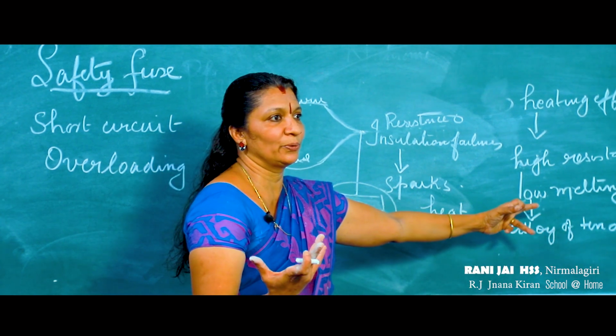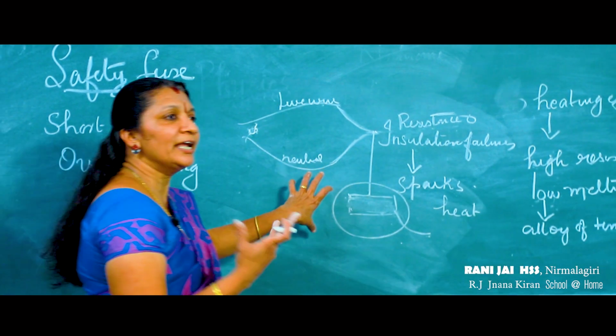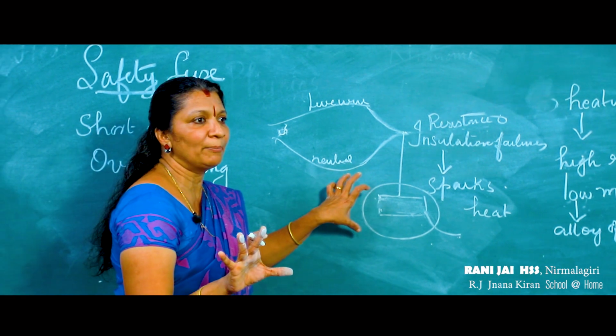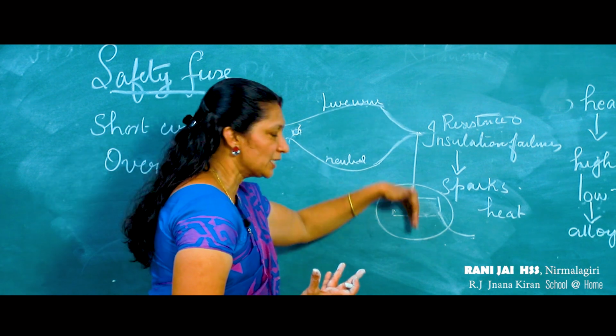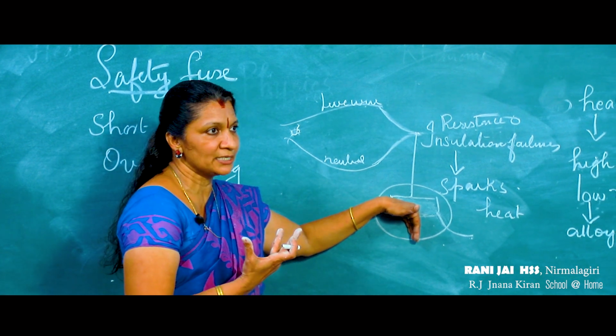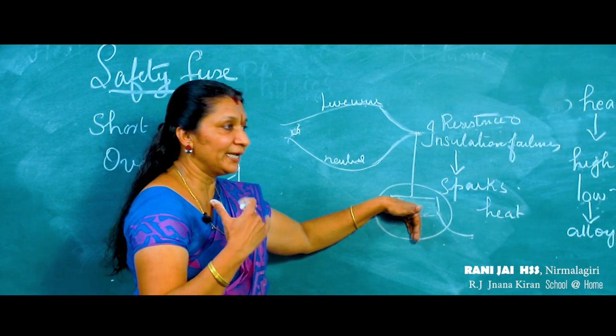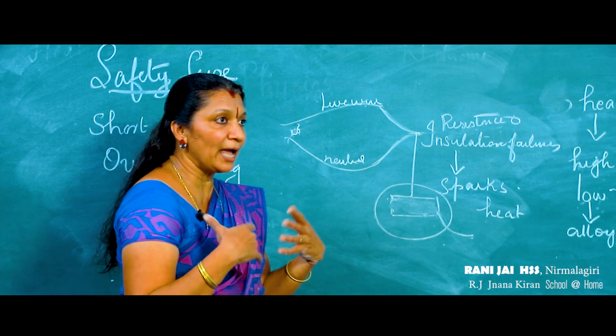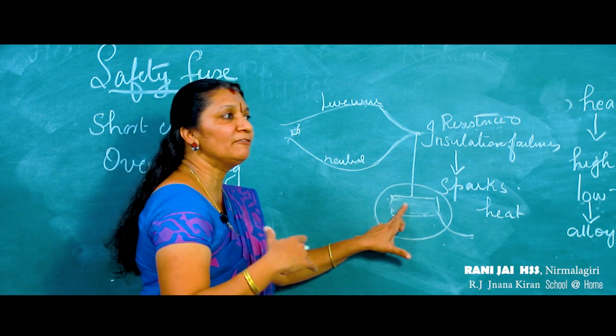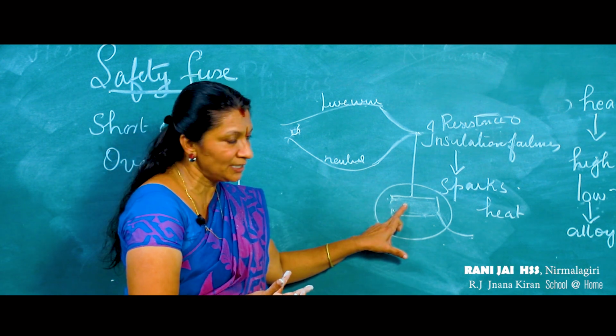All this you know. So when you introduce it in the circuit, what will happen? If the current passing through the circuit is above the limit, what will happen? The heat will be liberated more. Heat liberated will be above that permissible limit.